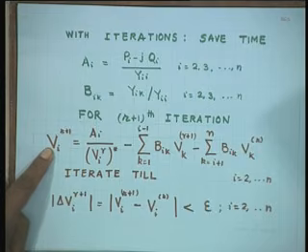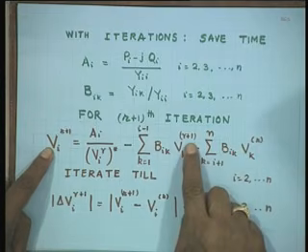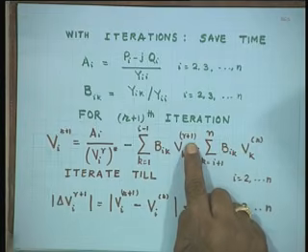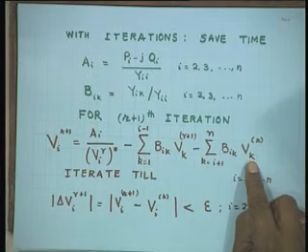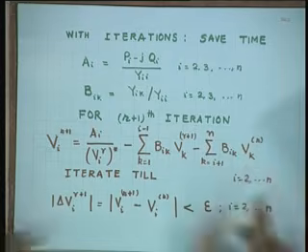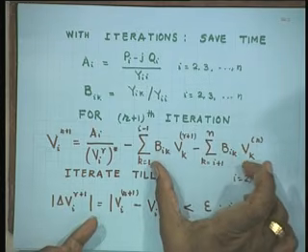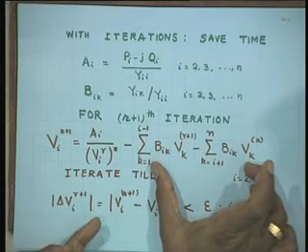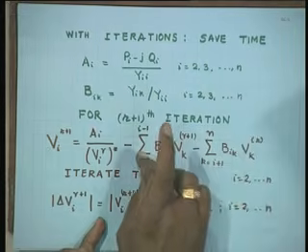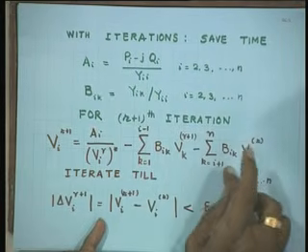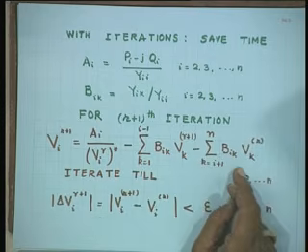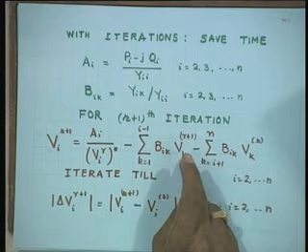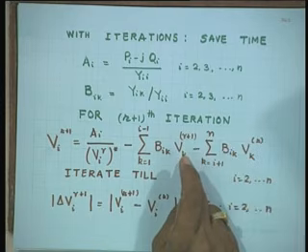That means for the first 3 buses you have the latest values, the (r+1)th iteration, and the rth iteration values for the 4th bus onwards, because you are at the 4th bus now. That is why I have separated this sigma into 2. So here you use the latest values you calculated, and here you use the originally assumed values, which is 1 plus j0. But here you will put the exact values which we have got.